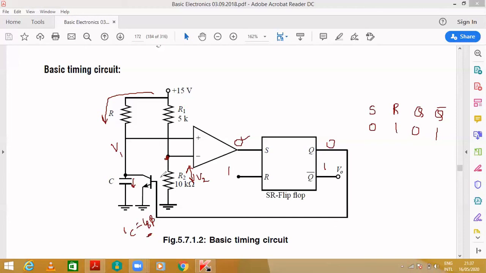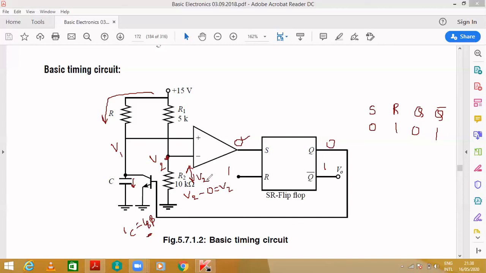Why will it be V2? This point and this point, if I assume the voltage as V2, then V2 minus 0, since it is grounded, becomes V2. Hence the drop across R2 will also be V2.